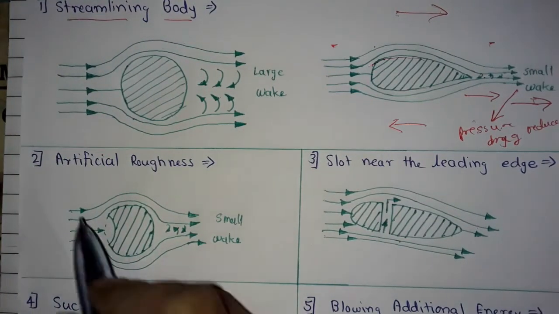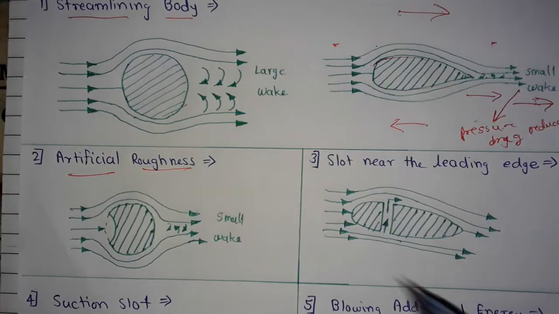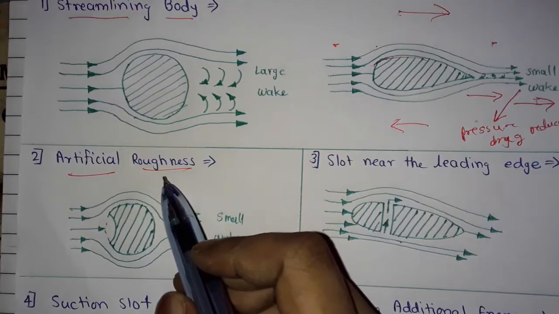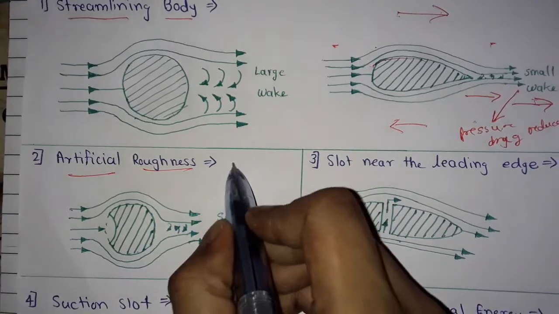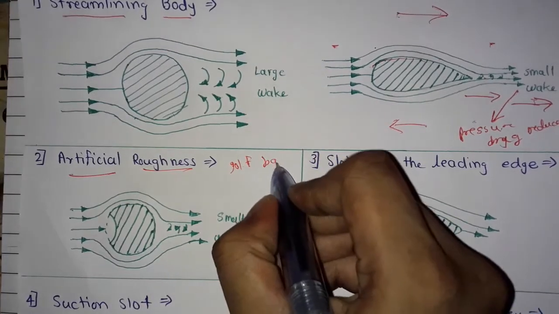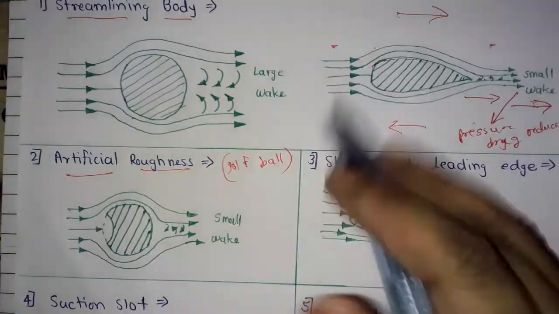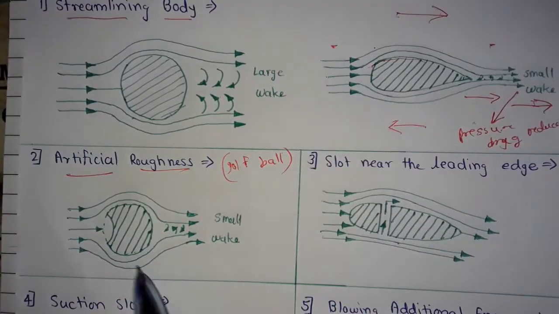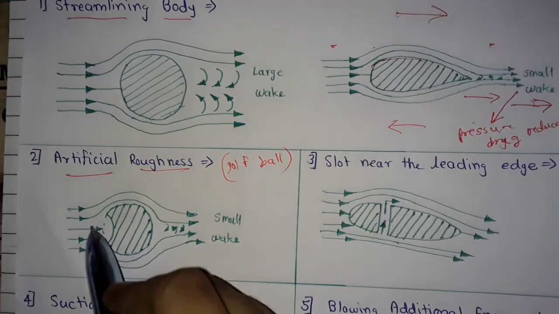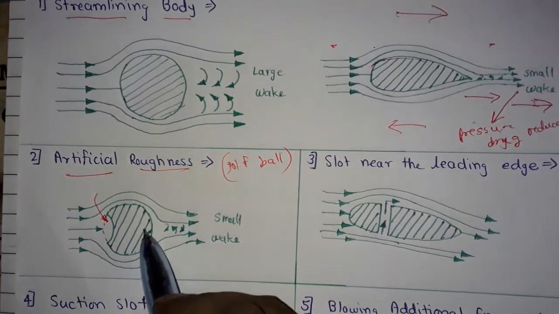Next is, friends, artificial roughness. To understand this, we can take the example of a golf ball, which has roughness on its surface. Suppose, friends, this is artificial roughness on a sphere.